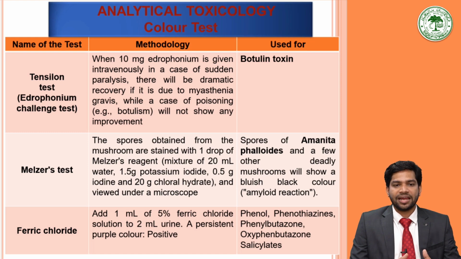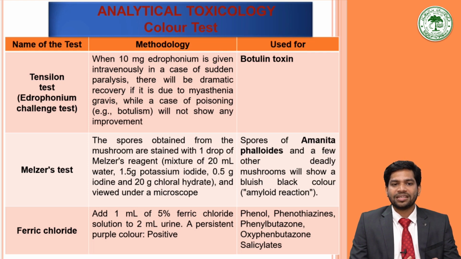Melzer's test is again done to look for the mushroom poisoning. Here the spores obtained from the mushroom are stained with 1 drop of Melzer's reagent that contains the potassium iodide, water, iodine and chloral hydrate, and they are viewed under the microscope.